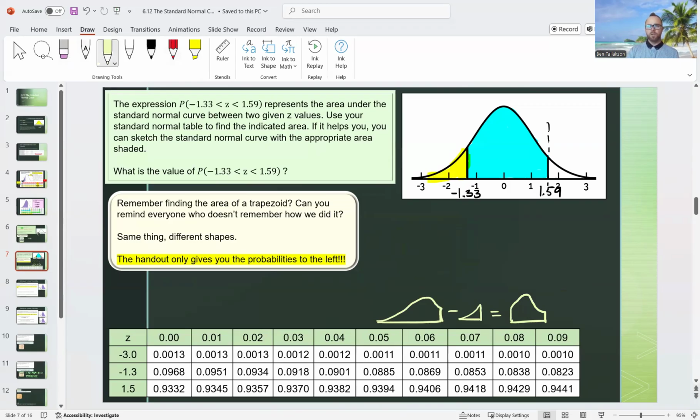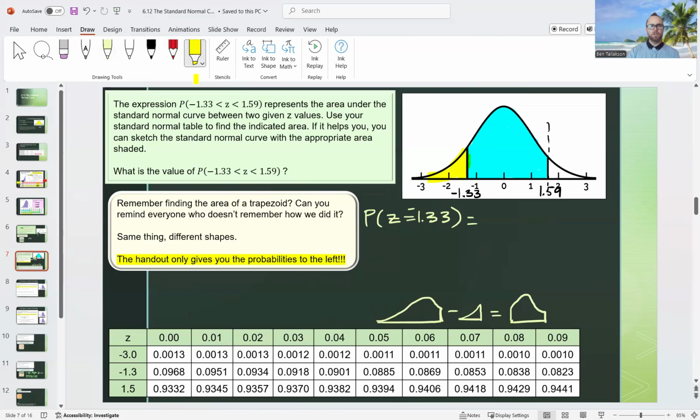So first things first, find the area, or in other words, the probability, right? That's how they're wording it, probability of the z-score being negative 1.33. What's that?